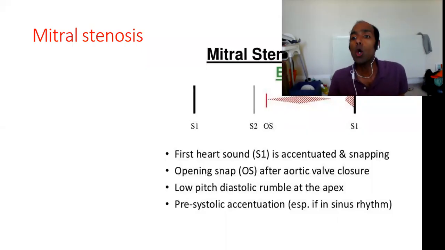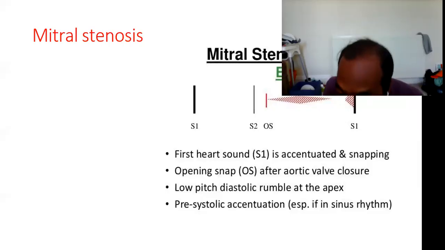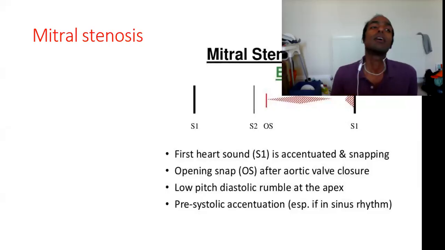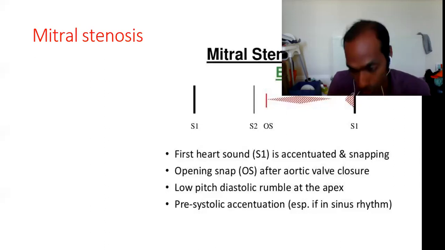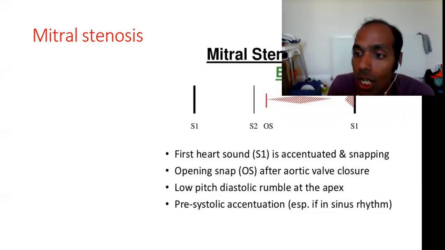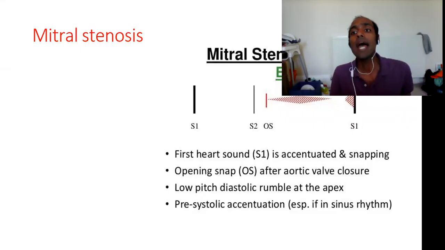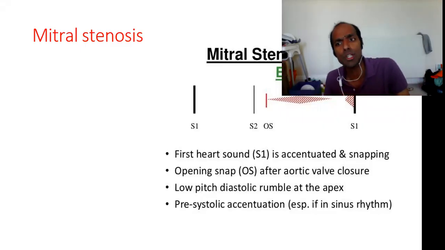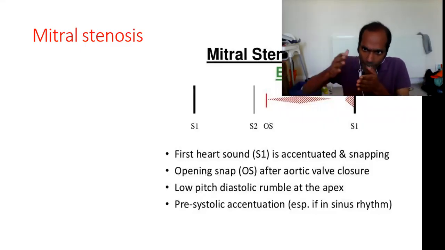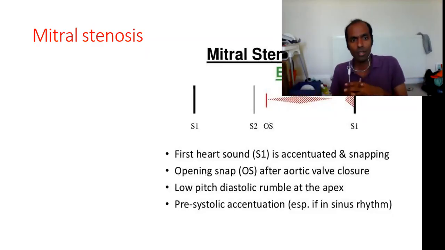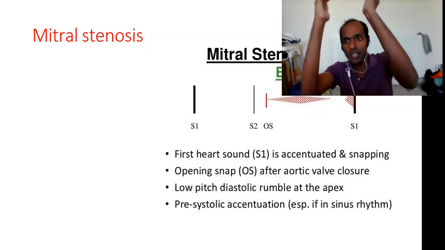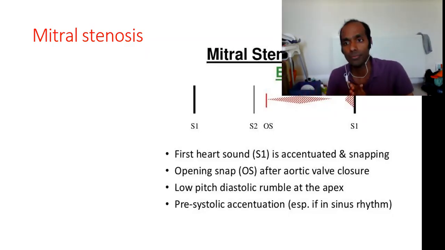It is a low-pitched rumbling mid-diastolic murmur with pre-systolic accentuation. Towards the last part of diastole, the murmur gets a bit louder. Why is that? Because of the atrial contraction at the last minute.